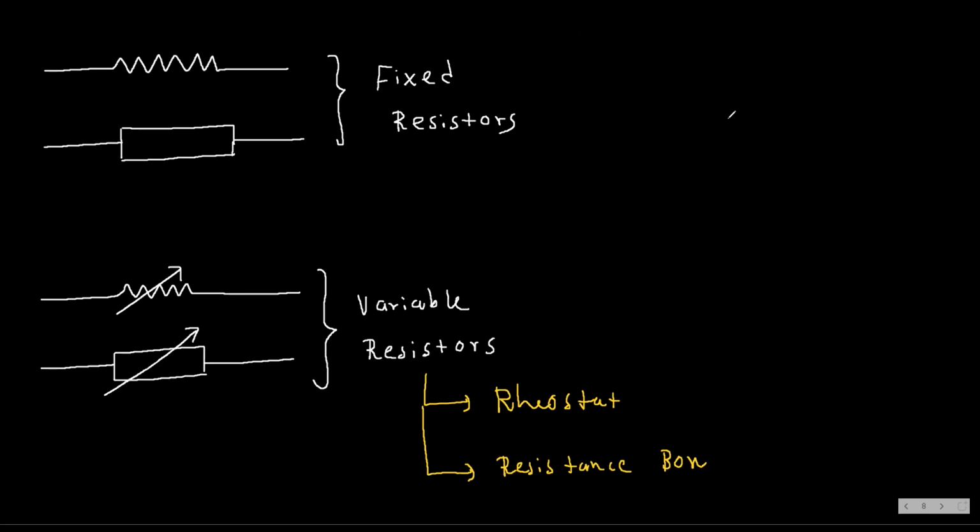Okay. Now I'm going to apply two voltages across a resistor. For this end, I'm applying plus 20 volts. And at this end, I'm going to apply plus 10 volts. If the resistance of this resistor is 2 ohms, what is the current flow through this resistor?